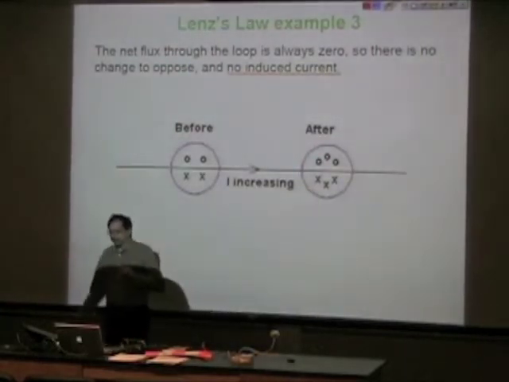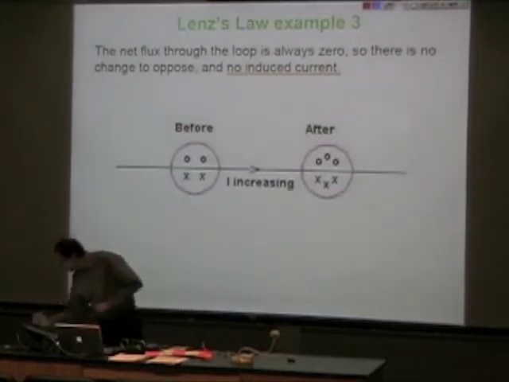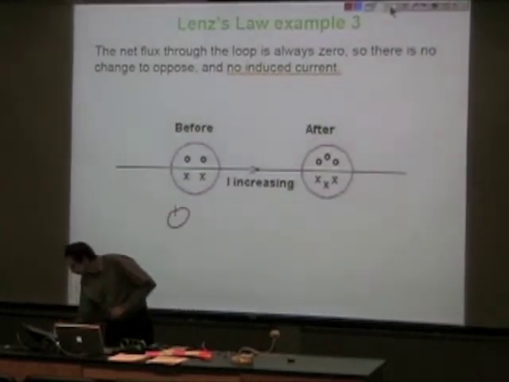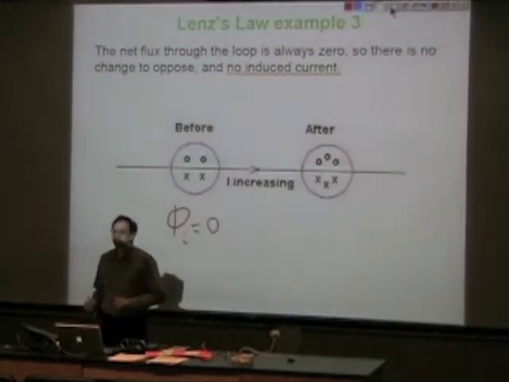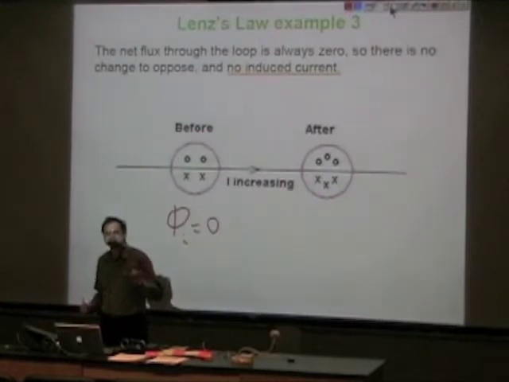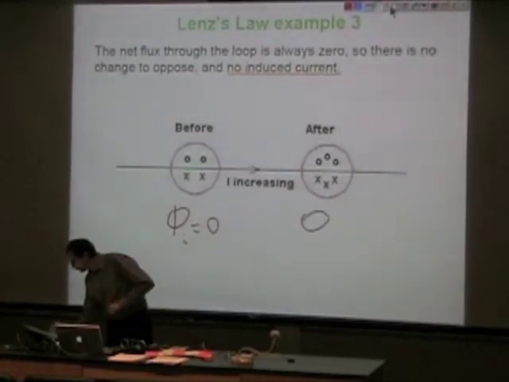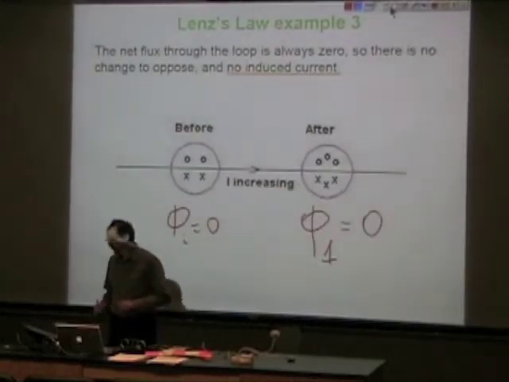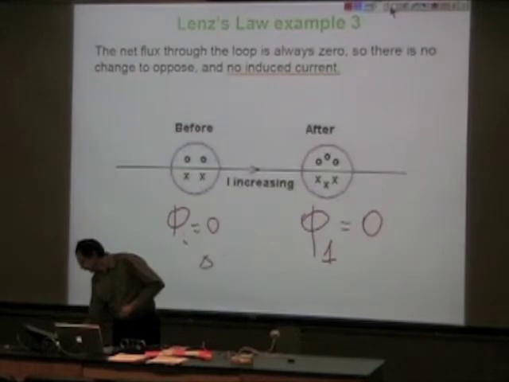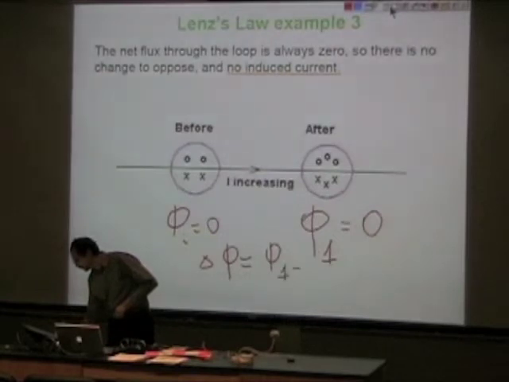So, the initial value of the flux is 0, but that's not important yet. We have to compare it with the final value. But the final value of the flux turns out to be 0 too. And now we have to figure out the change. How do we calculate the change? It's always final value minus initial value.